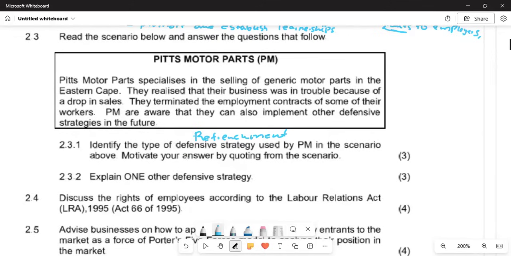Then we have to quote from the scenario to give the motivation. It is because they terminated the employment contracts of some of their workers.